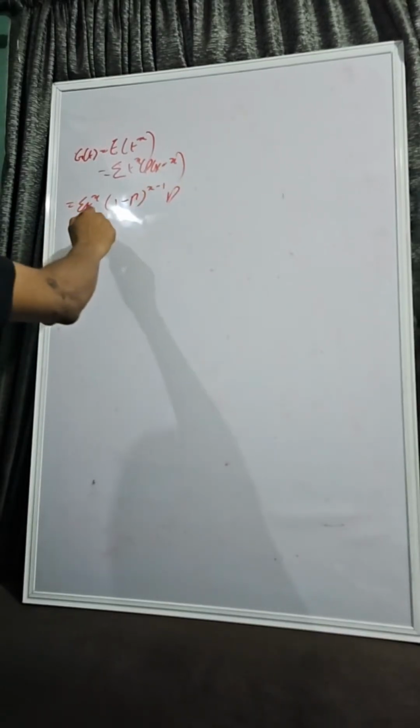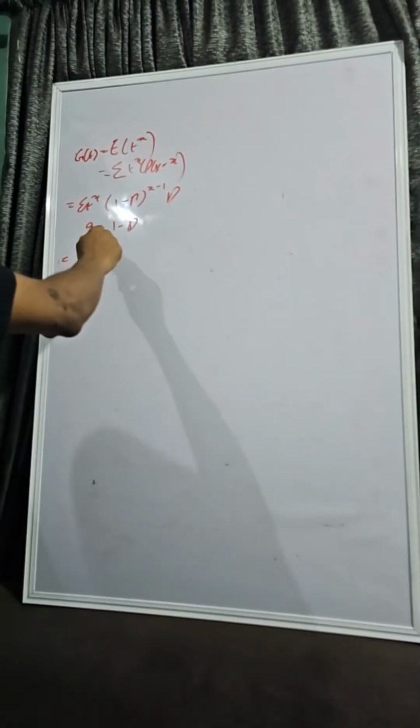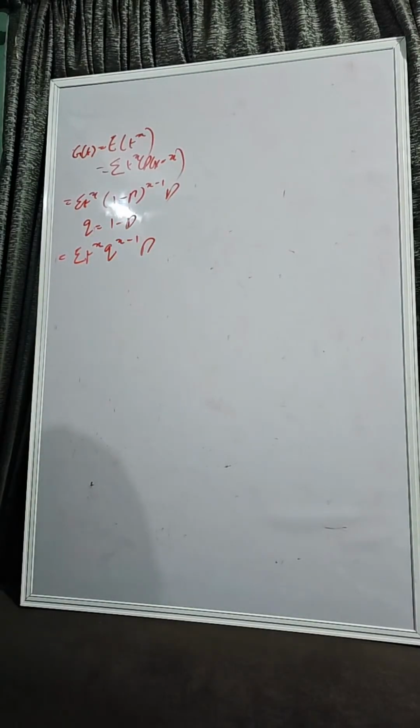And we know q is the same thing as 1 minus p. So this can be written as the summation of t to the x times q raised to x minus 1 times p.